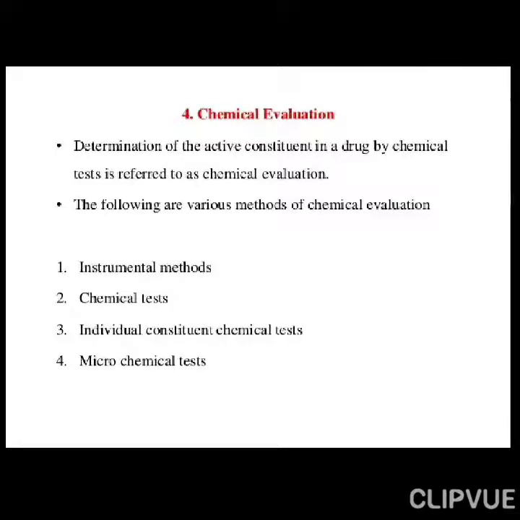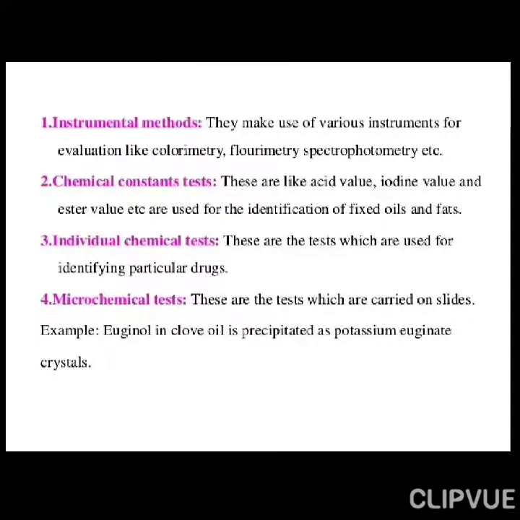For example, instrumental methods, right. Instrumental methods are also very important. Then chemical tests, individual constituents chemical test, or microchemical test. Coming to the instrumental methods, they make use of various instruments for evaluation like colorimetry, fluorimetry, spectrophotometry, right.